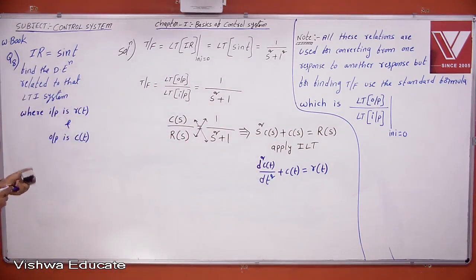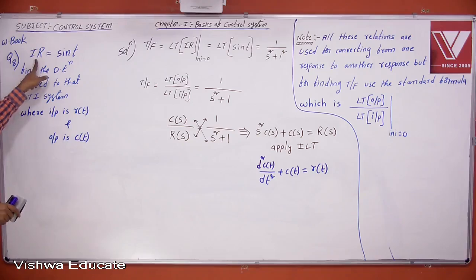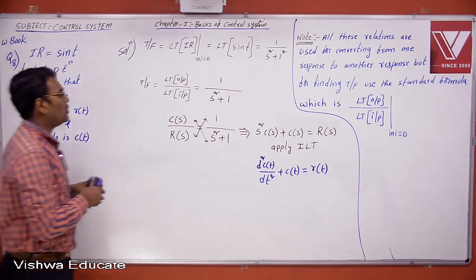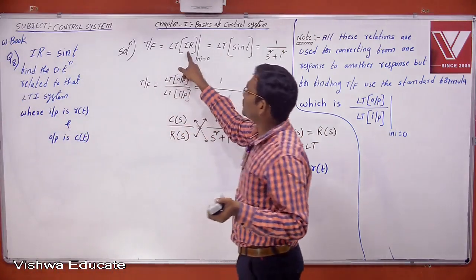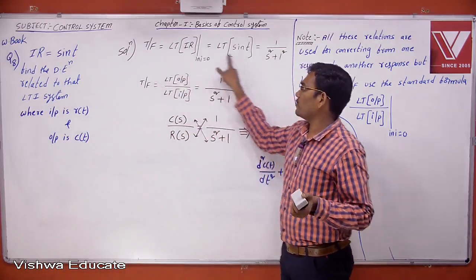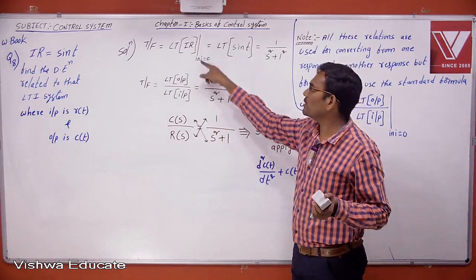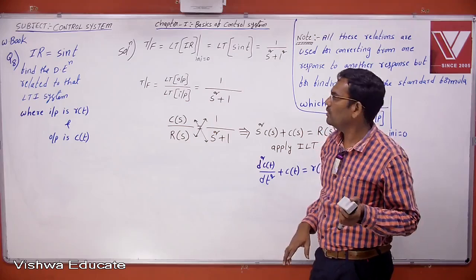Once again I am saying, the impulse response of a linear time invariant system is sin t; find the differential equation related to that system where input is r of t and output is c of t. This is the question. Now what is the solution? Once the impulse response is given, first you find the transfer function. The transfer function is nothing but the Laplace transformation of the impulse response with all initial conditions equal to 0.